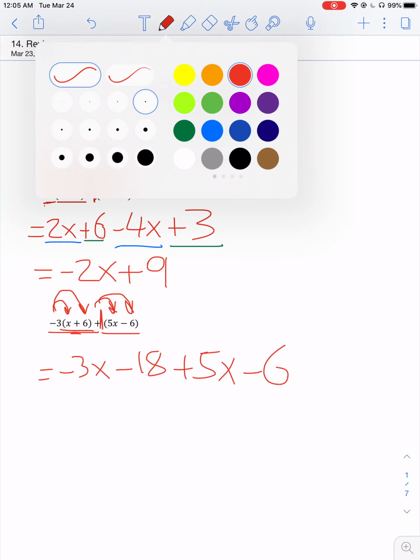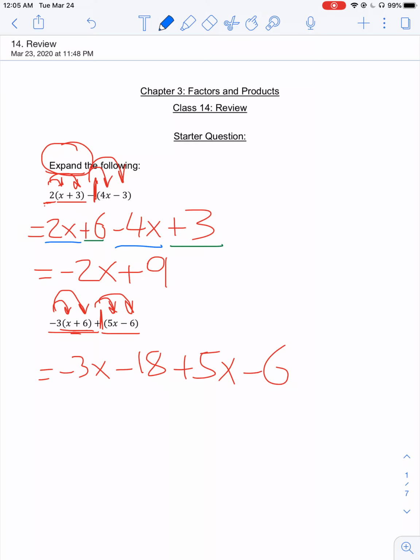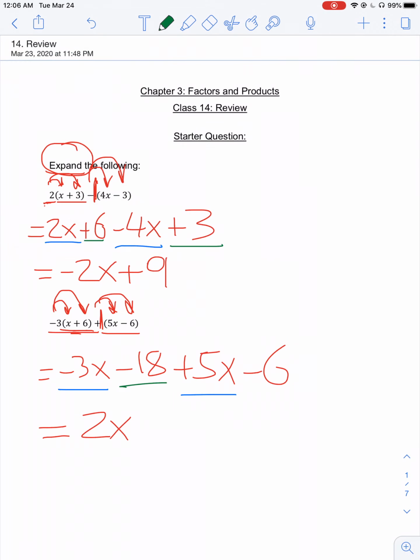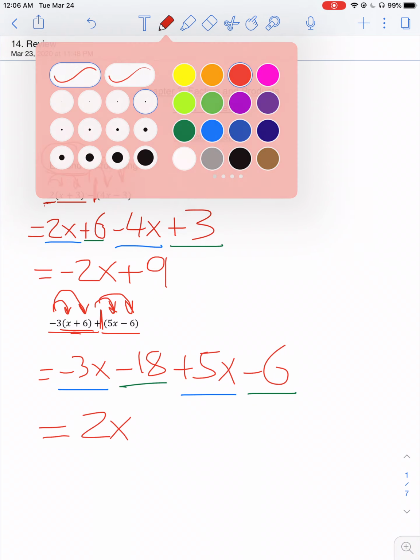So just like the previous question, let's combine our like terms. So minus 3x will combine with 5x to give you 2x. And then the minus 18 will combine with minus 6 to give you minus 24, okay?